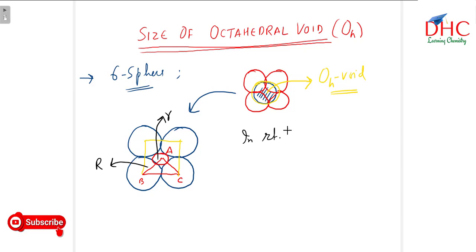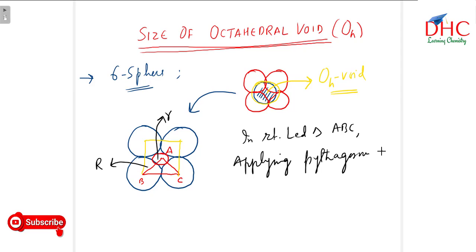So in right angled triangle ABC, which is right angled at A, applying Pythagoras theorem, BC is the hypotenuse, that's equal to AB square plus AC square. So we can write BC square will be equal to AB square plus AC square.